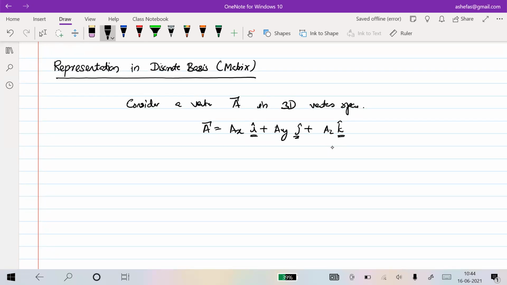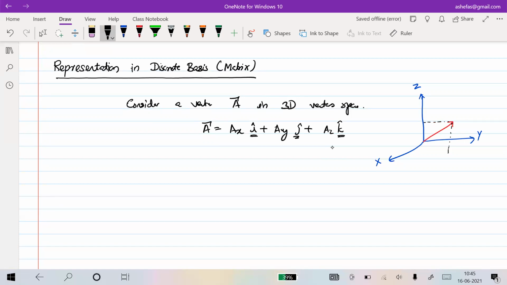Now this Ax, Ay, Az are the components of vector A along the x direction, y direction, z direction respectively. So if you visualize it, we'll have the x-axis, y-axis, z-axis, and I've drawn some vector like this. It will have some z component.